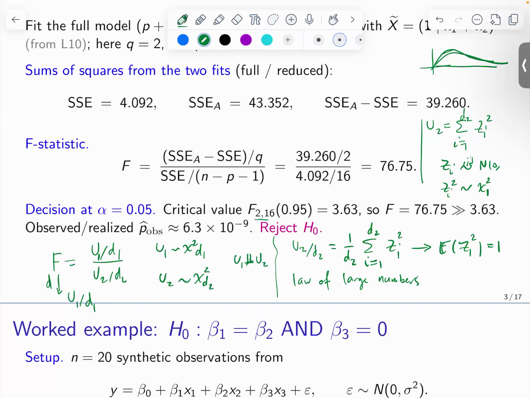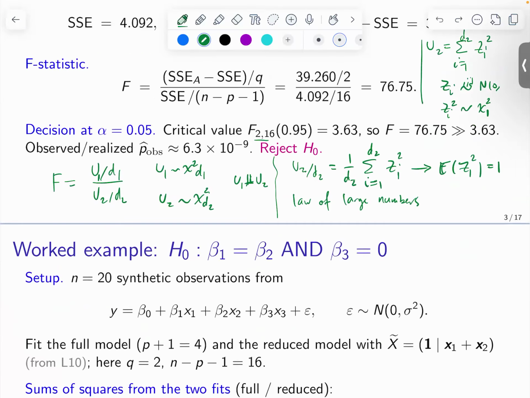And what is the expectation of this guy? This happens as D2 goes to infinity. Let me do it a little bit more cleanly here. So F converges in distribution to U1 divided by D1 as D2 goes to infinity.